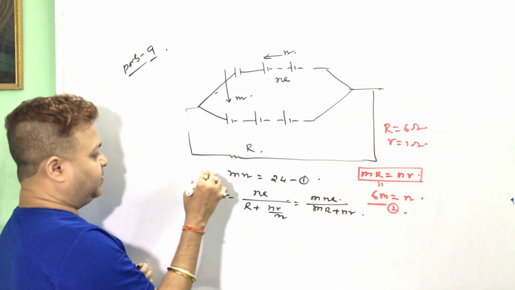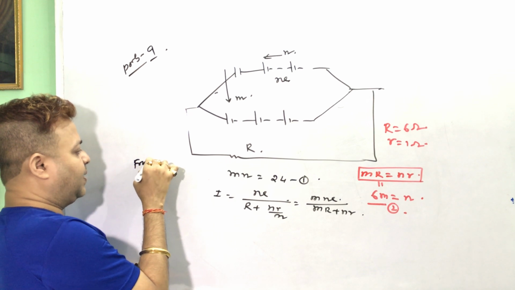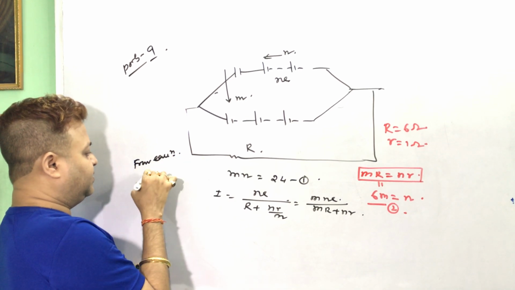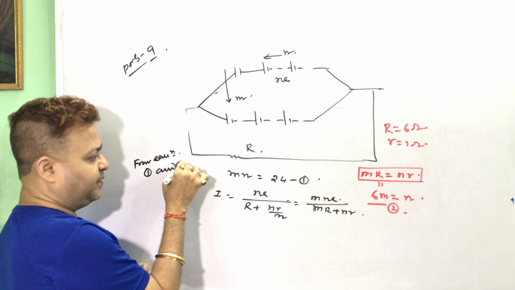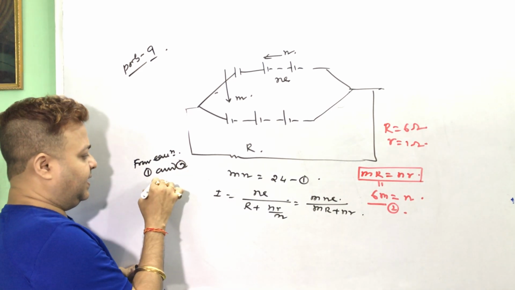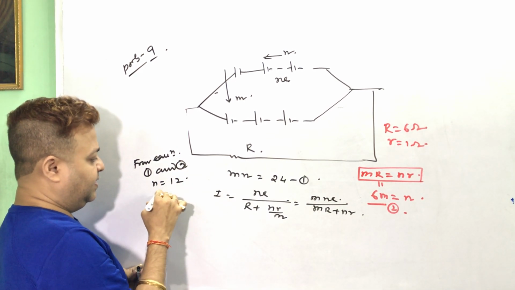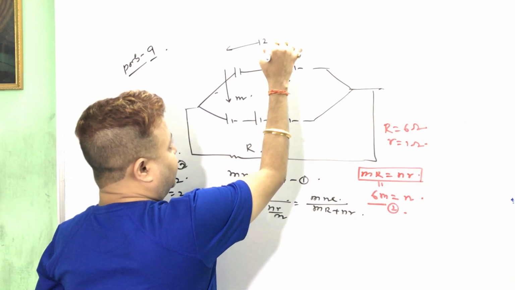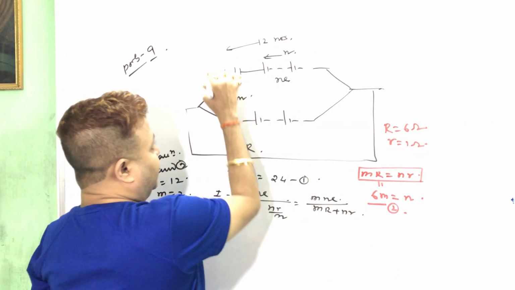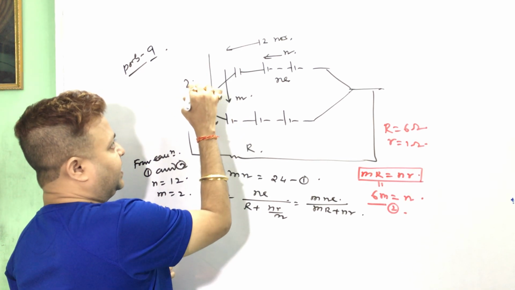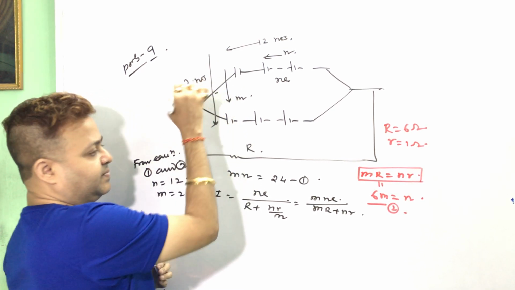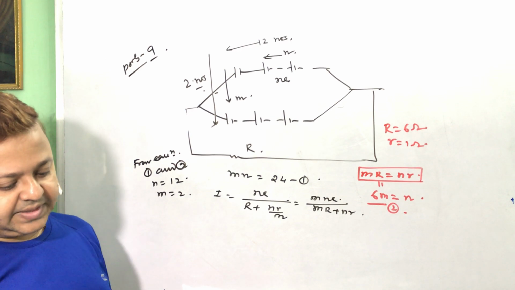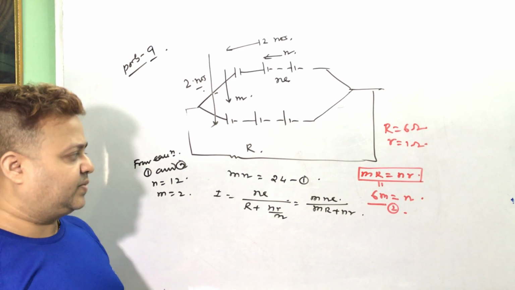By solving equations 1 and 2, n is 12 and m is 2. That is, 12 number of cells are connected in series and 2 groups are connected in parallel.